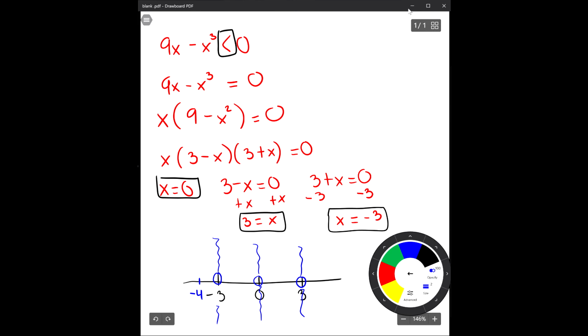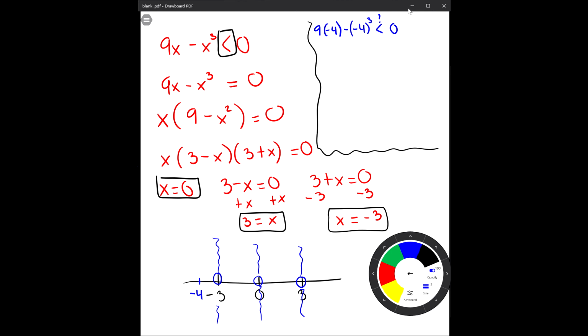I have 9 times -4 minus -4 cubed, and I put a question mark on top of the less than because I'm not sure whether it's less than 0 or not. 9 times -4 is -36, and -4 cubed is -64. So -36 minus -64 means -36 plus 64, which gives 28.